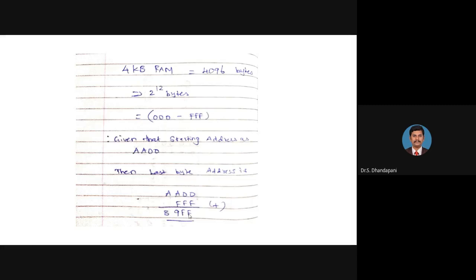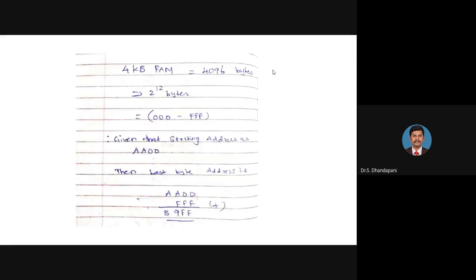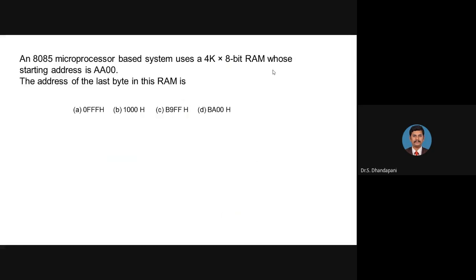So the last address is B9FF. So the answer is C part. If the starting address is AA00, the last address is B9FF for a 4 KB memory. Simple question. The knowledge of the number system is verified here. So the correct answer is B9FF, that is C.